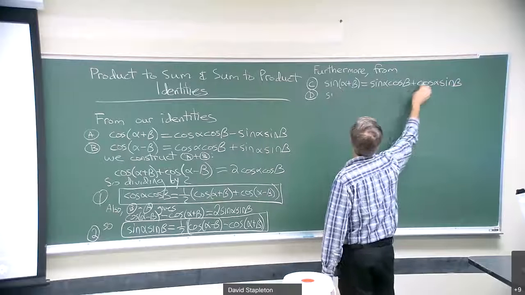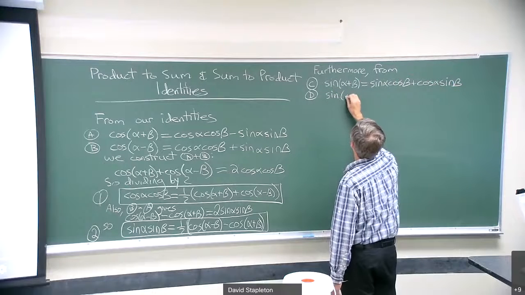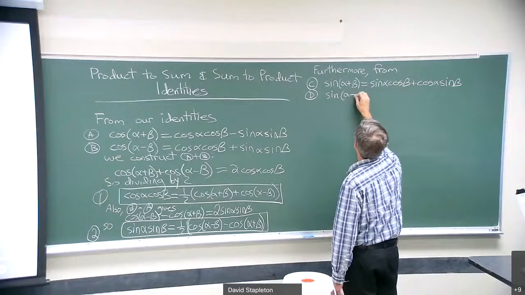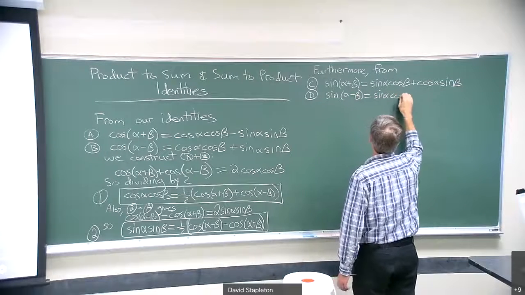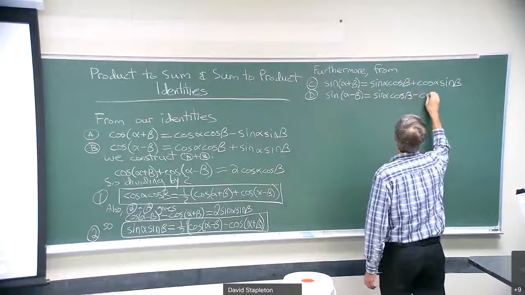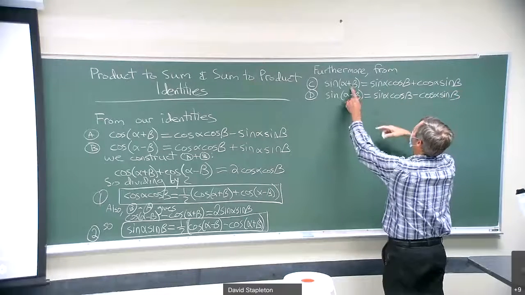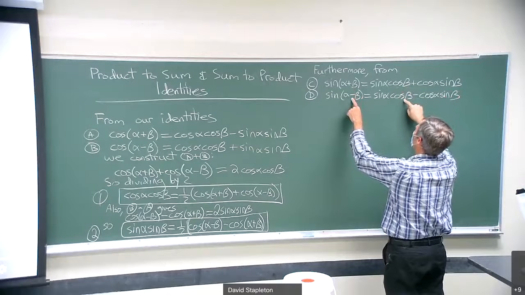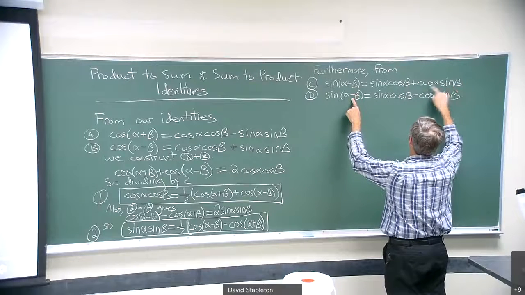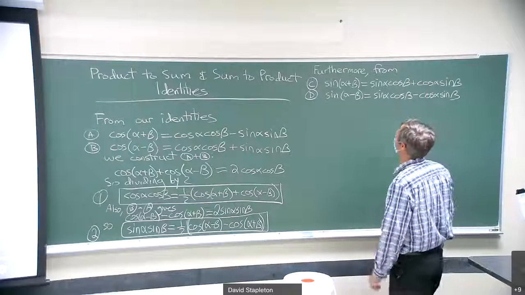And replacing beta with minus beta in these, you get sine cosine minus cosine sine. Because replacing beta with minus beta makes a minus here. Cosine of minus beta, an even function, the minus goes away, but the sine, the minus comes out. And so you can prove this one from this one just in your head.